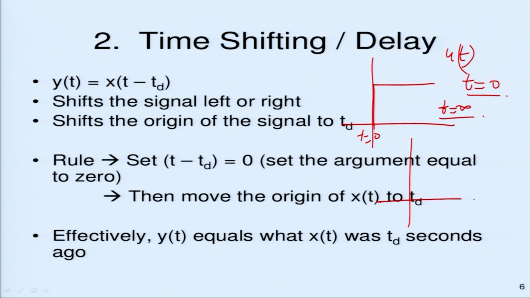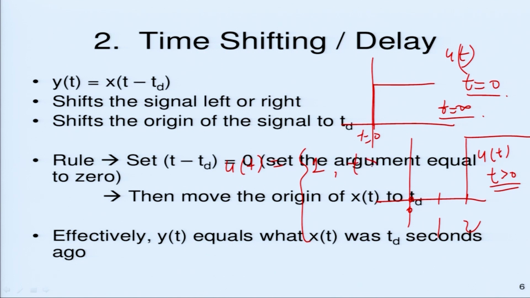Suppose this is 0, 1, 2. If we make it like this, this is u of t starting from t greater than 0. If we write the mathematical form, it is 1 for t greater than or equal to 2 and 0 for t less than 2.